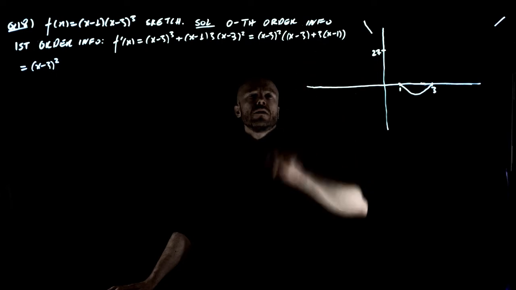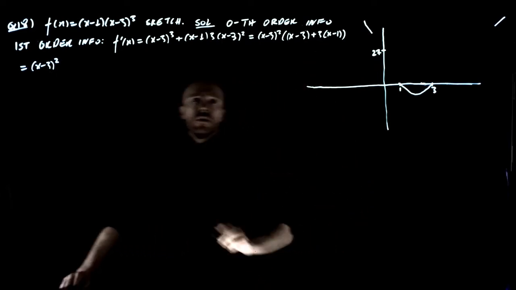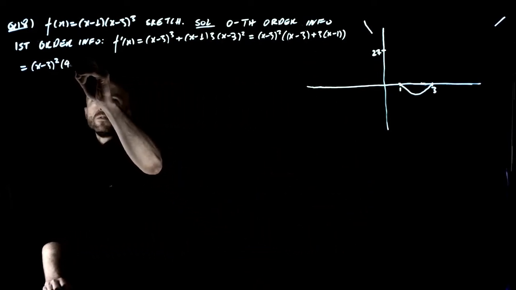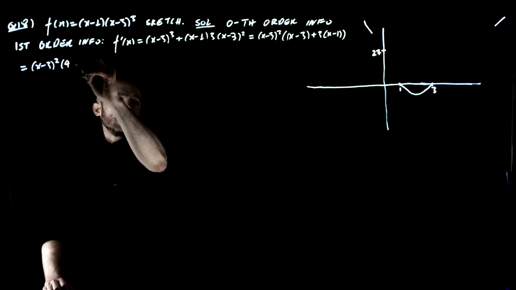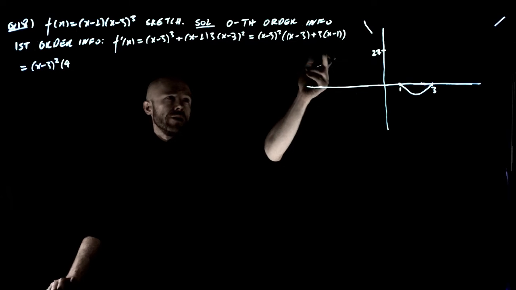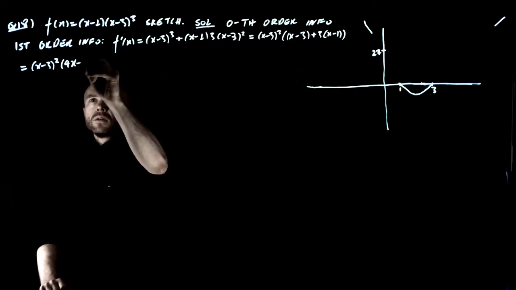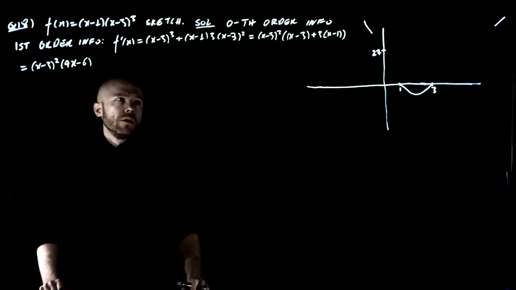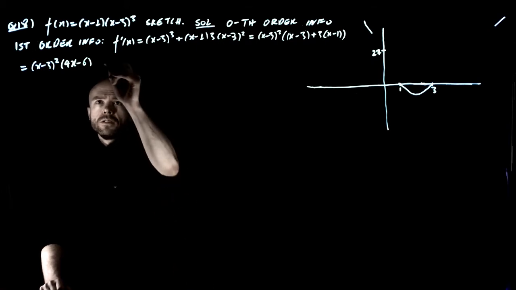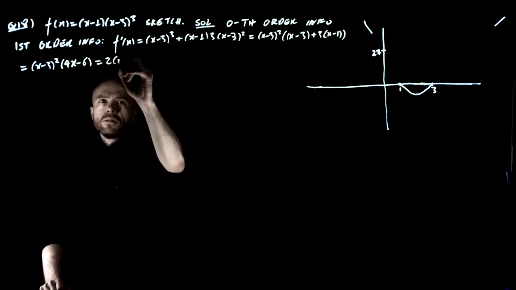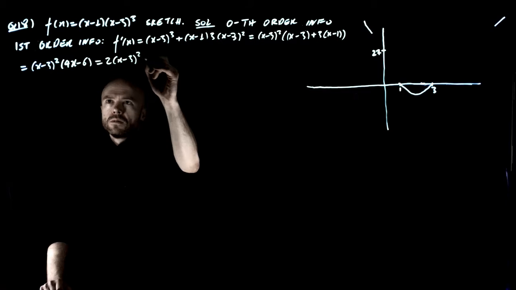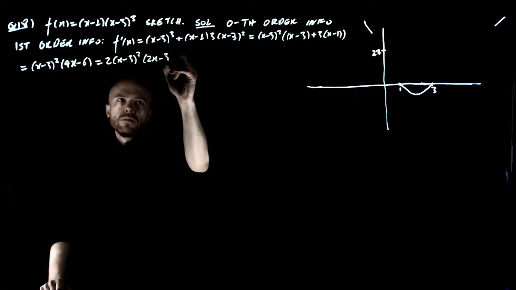Then we're going to have 4x, and then we have minus 3 again, so it's 4x minus 6 right here. Let's take out a factor of 2. So we have 2 times (x minus 3) squared times (2x minus 3), and that's it.